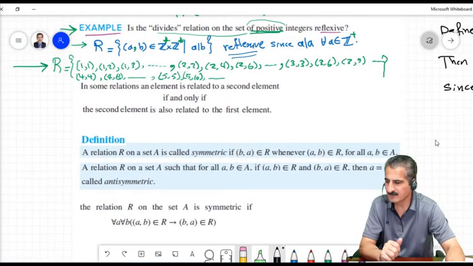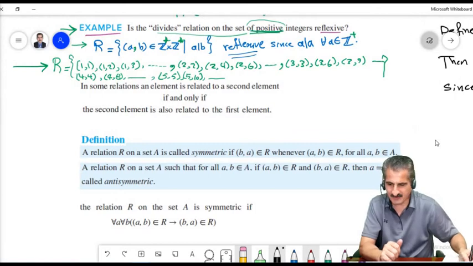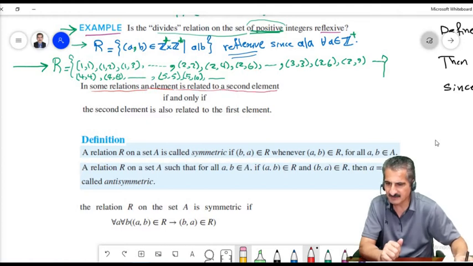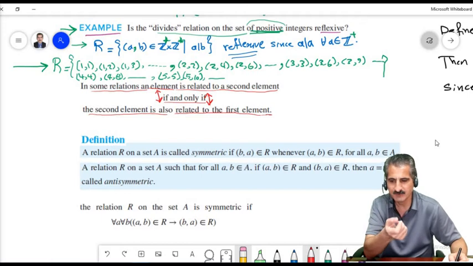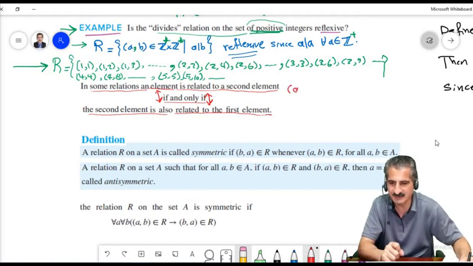Okay. Now, what we have seen in the example above, in some relations, an element is related to a second element if and only if the second element is related to the first element. Which means (A, B) belongs to R. This is the first element related to the second element.